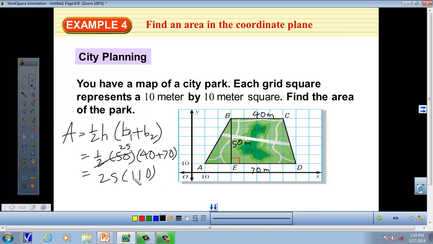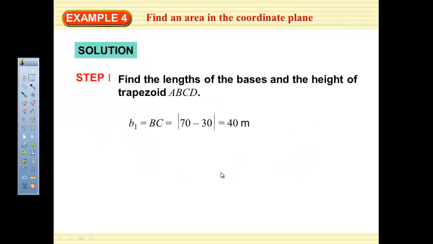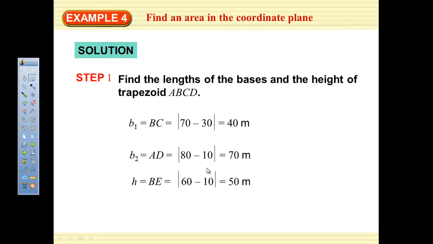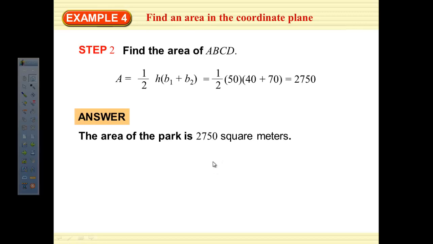And if we do 25 times 110, we get 2,750 square meters. Okay? So again, we found all the lengths just counting. Plug everything in, we get our answer.